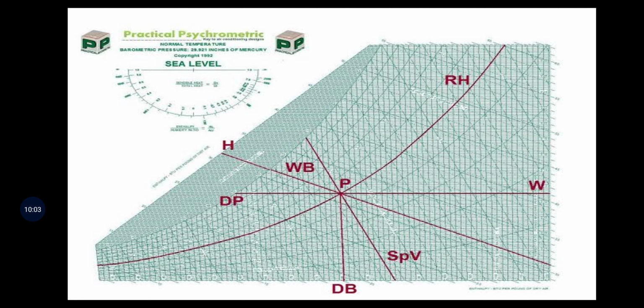So likewise, by different processes, this complex chart is made, which is known as the psychrometric chart, and the different conditions of air could be determined from this chart. So this was the basic idea of how you can plot, analyze, or determine the various parameters of a given point on a psychrometric chart.